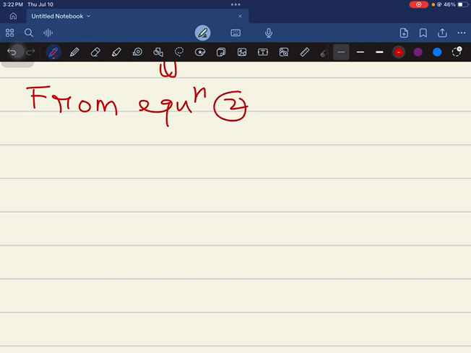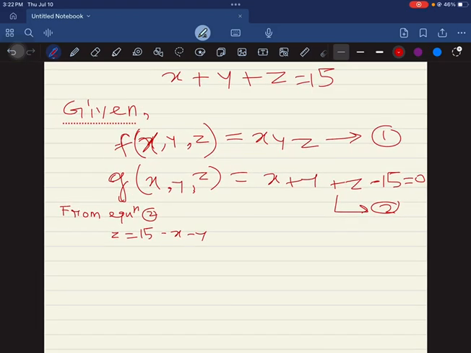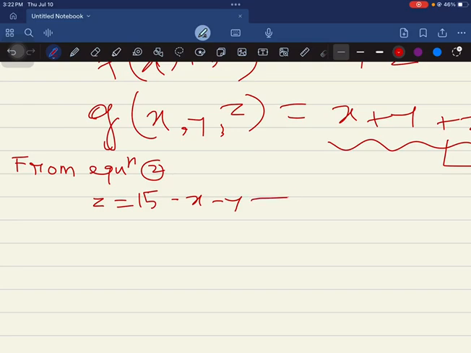From equation 2 we got the value of z, that is z is equal to 15 minus x minus y. We give this equation number 3.